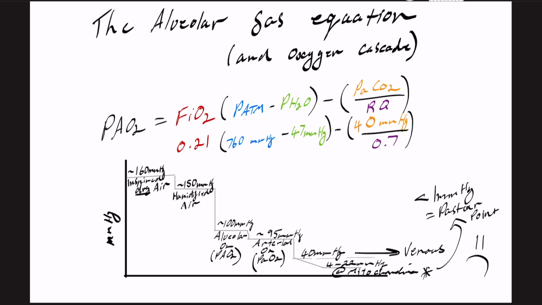And it's important to mention this because everything leading up from the top of the oxygen cascade on our far left, going down to the mitochondria, at the end of the day, the reason why we breathe is we want to get rid of CO2 and take in oxygen. If we improve all the numbers that happen before reaching the mitochondria, we can increase the partial pressure that reaches the mitochondria and stop cellular hypoxia.